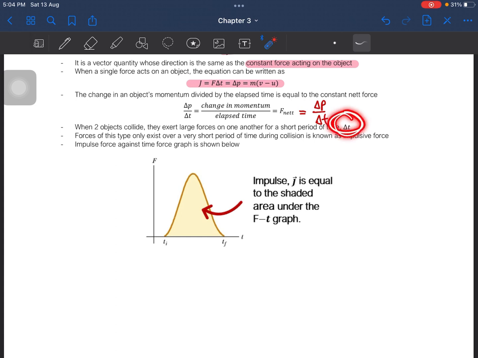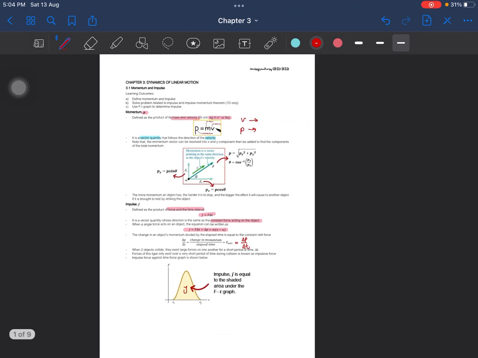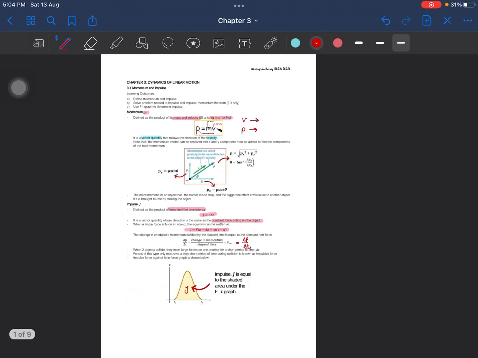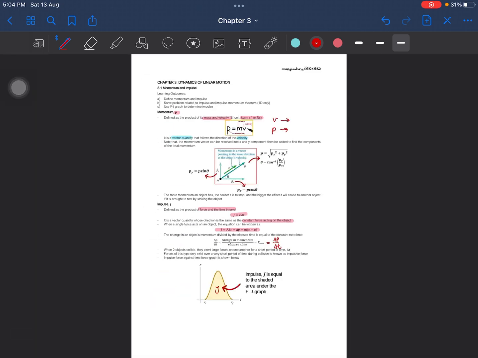We can call it delta T. Forces of this type only exist for a very short period of time during collision, and we call it impulsive force. The force against time graph is shown here. This shaded region is equal to impulse, so the area under this graph is impulse. That is the theory part for our first subtopic.